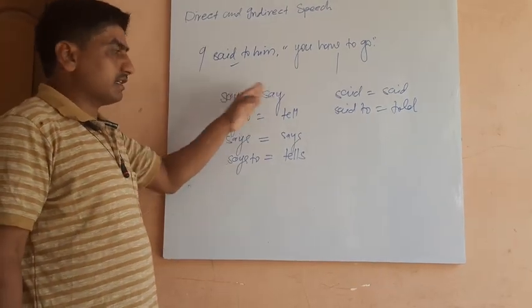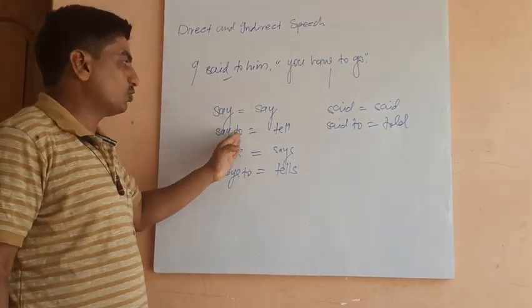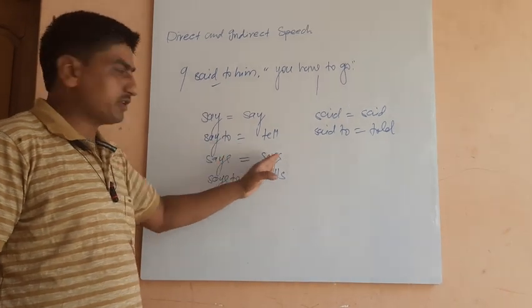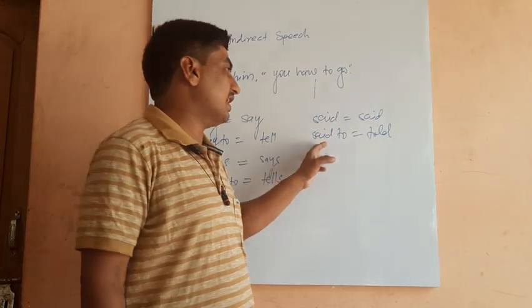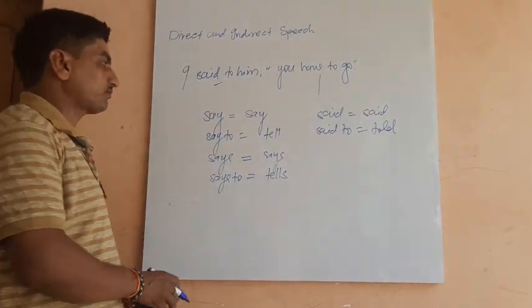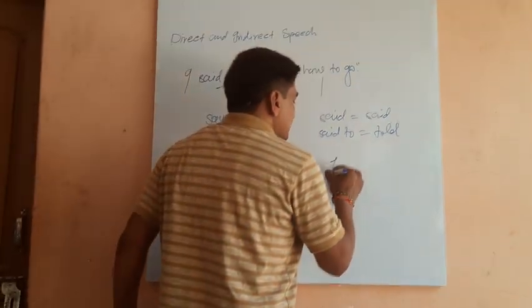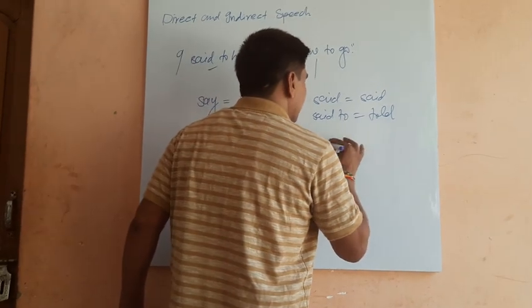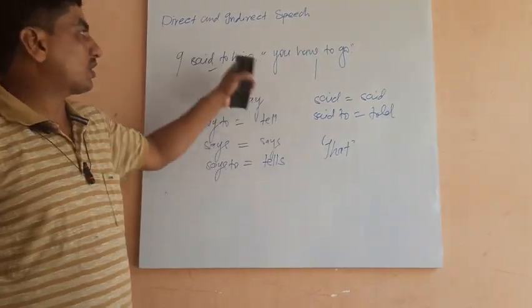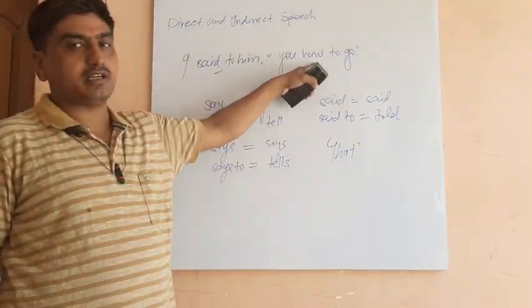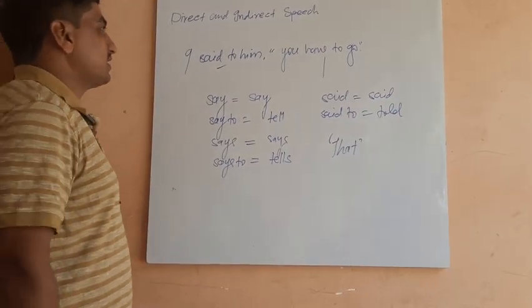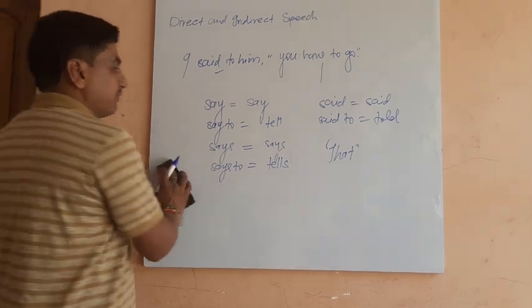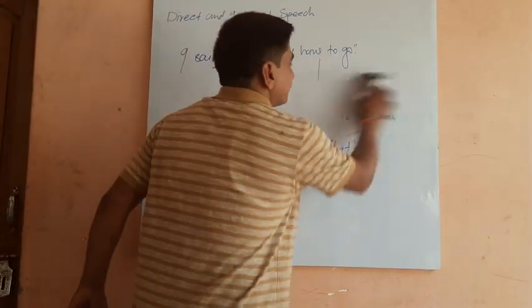So say will be say, say to will be tell, says will be says, says to will be tells, said will be said, and said to will be told. We use the conjunction that to combine the reporting verb with the reported speech. After that, the changes of tense will be there, that we will notice very soon.